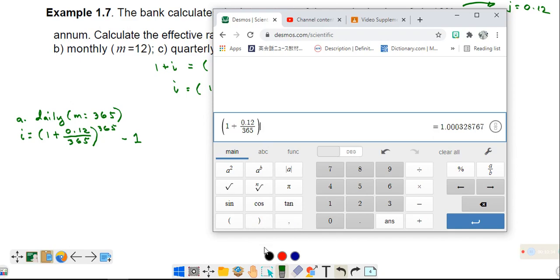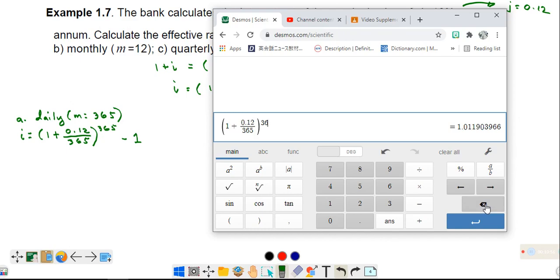Let's close our quantity and then let's put a power. Ayan, maglagay tayo ng power. Power of 365 and then ibaba natin yung ating cursor.